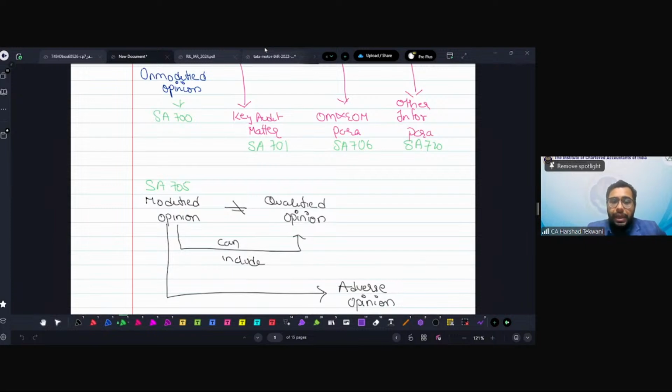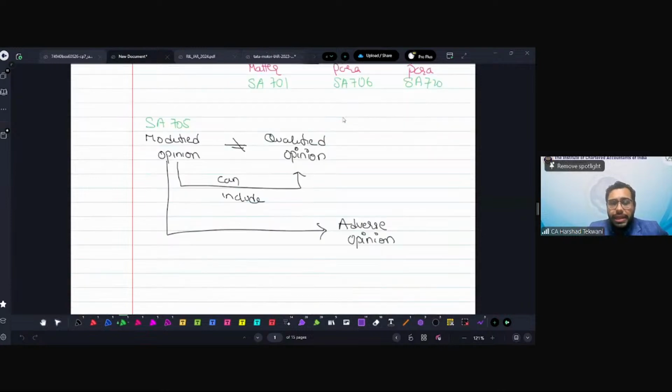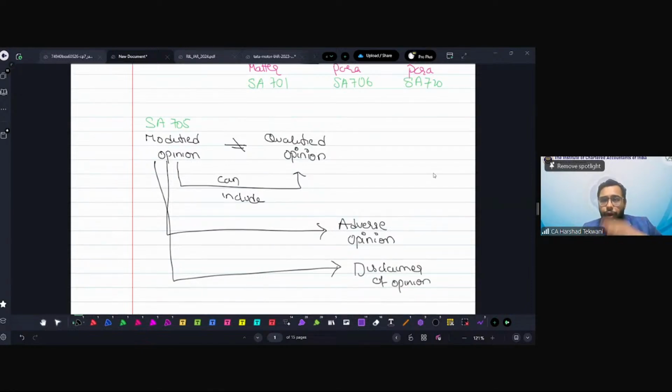So the third opinion, which forms part of modified opinion, is disclaimer of opinion. All these three come under the purview of modified opinion.